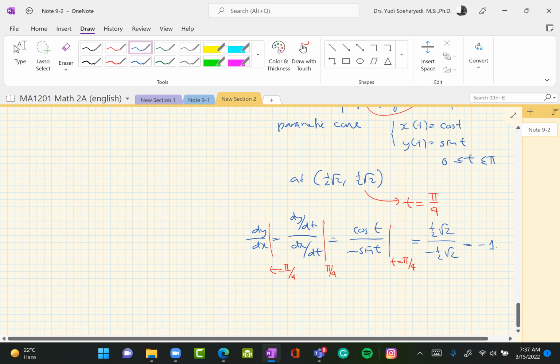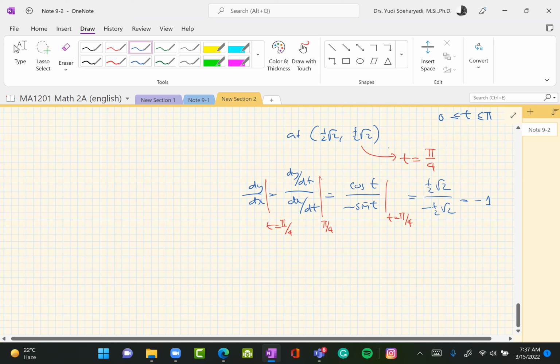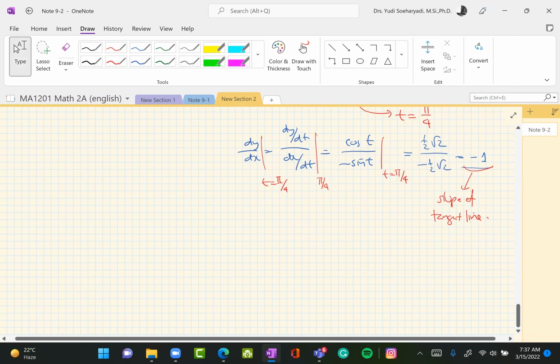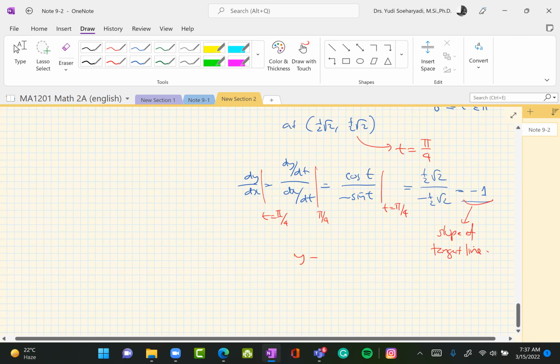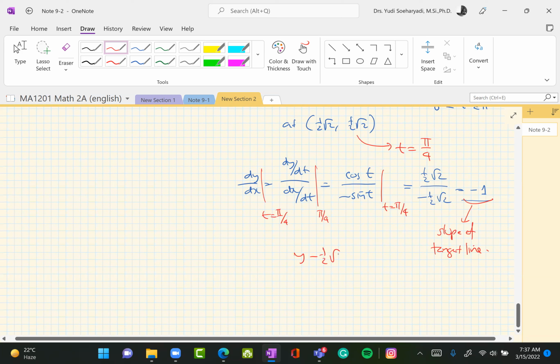Okay, so you have the equation for the line with this slope. This is the slope. So you know that y minus 1/2 square root of 2 equals minus 1 times x minus 1/2 square root of 2. There we go. So this is the equation for the tangent line.